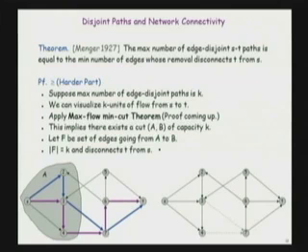I have A and B, and the value of the cut is the number of edges that leave A. And so the maximum flow is equal to the minimum cut. That proves this part. This part of Menger's theorem follows from the max flow min cut theorem.